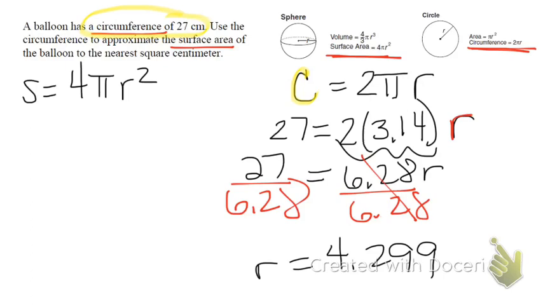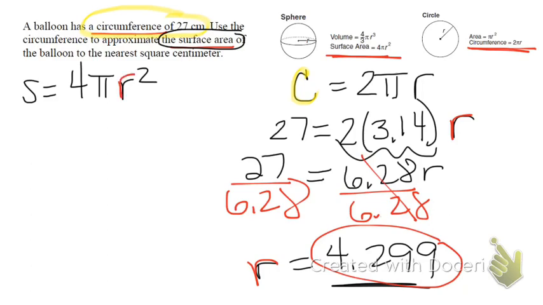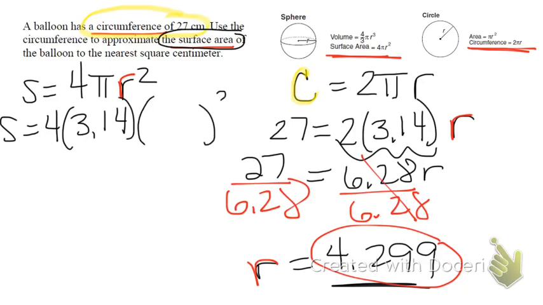So what they actually asked, I found radius in this problem, but they really want surface area. So now that I found the radius, I have to take this answer and plug it in for the r right here. So surface area will be, bring down the 4, bring down pi, and replace r with what we found, 4.299. But again, I'm really not using that number.